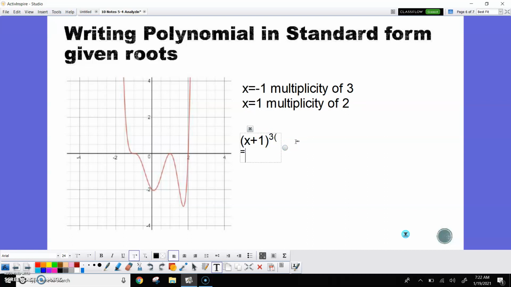So I'm going to multiply this times x minus 1 with the multiplicity of 2. And then the last one was x equals 2, so x minus 2 would be the factor. And that only has a multiplicity of 1. So f of x is equal to this here.